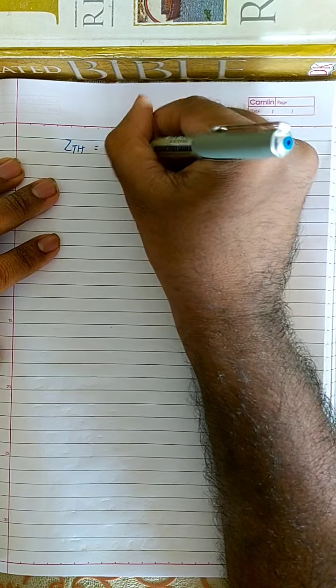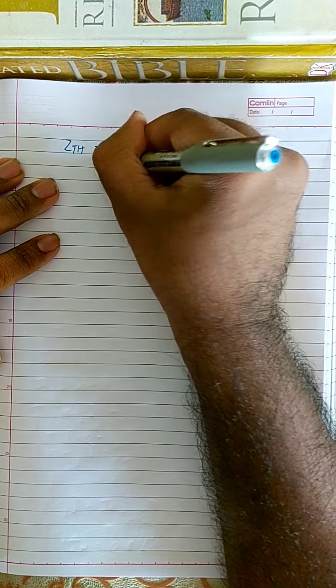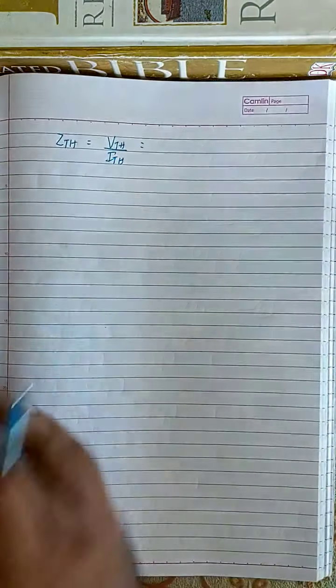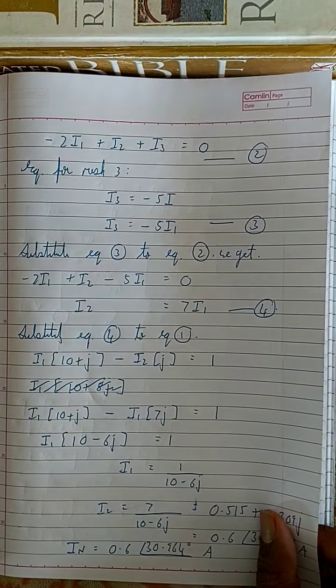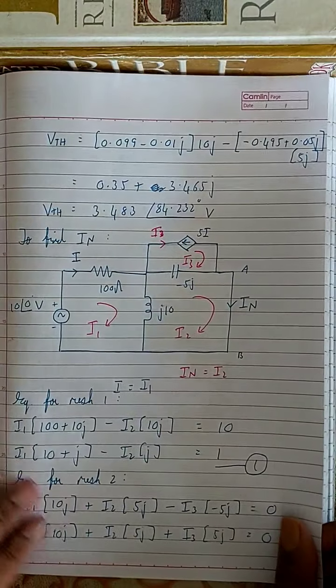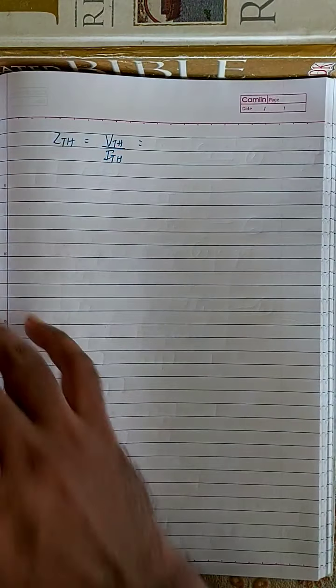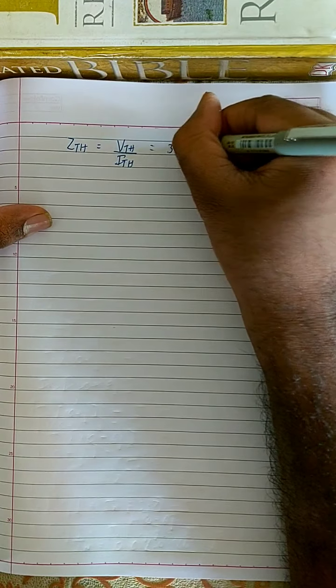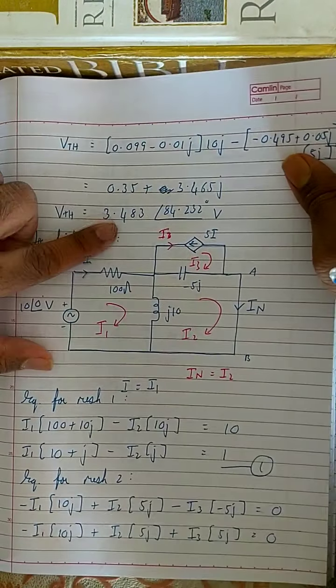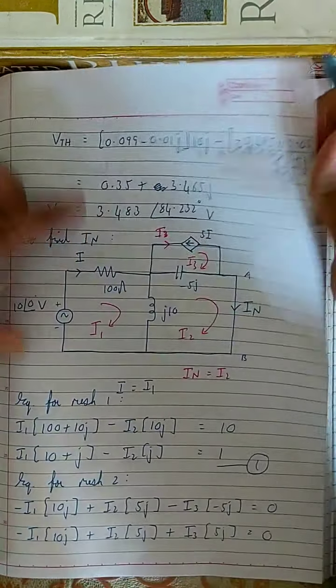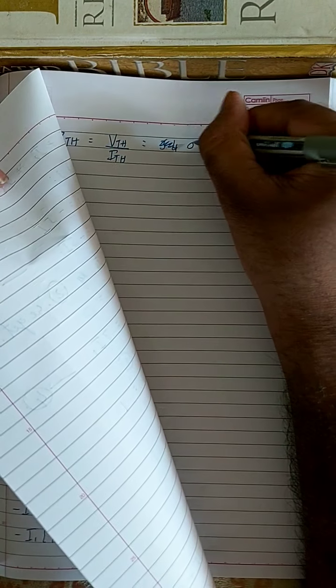So the value of ZTH is VTH by IN. Your VTH is 0.35 plus 3.465j. I don't want to use the polar form, I'll use the rectangular form.